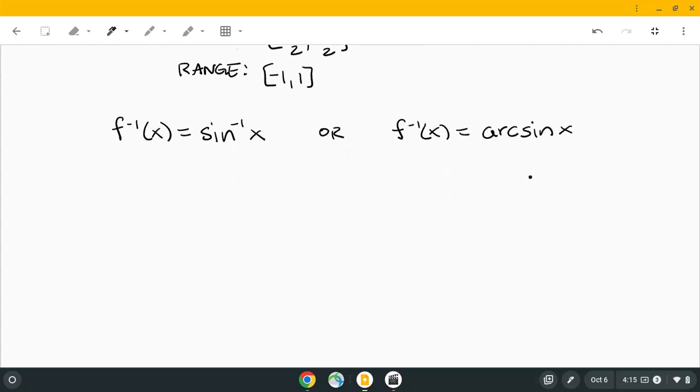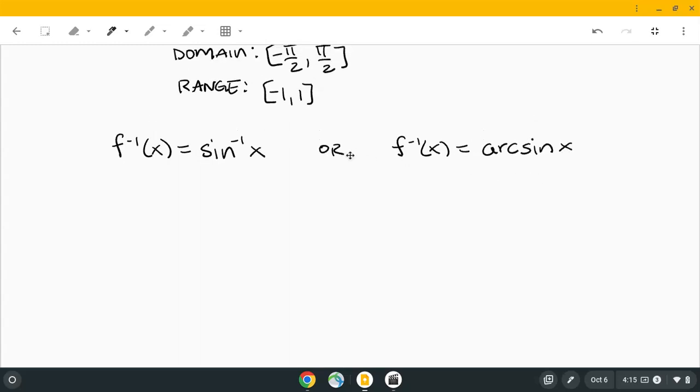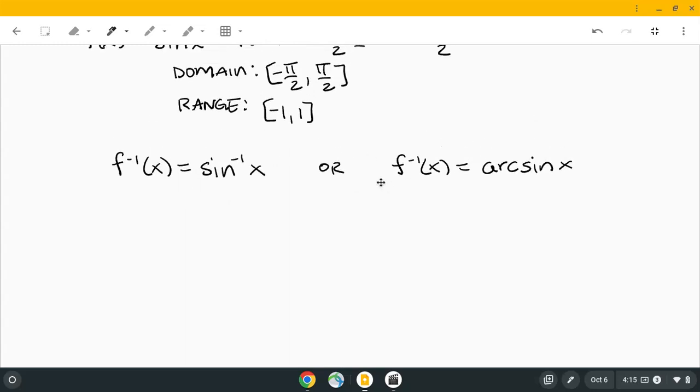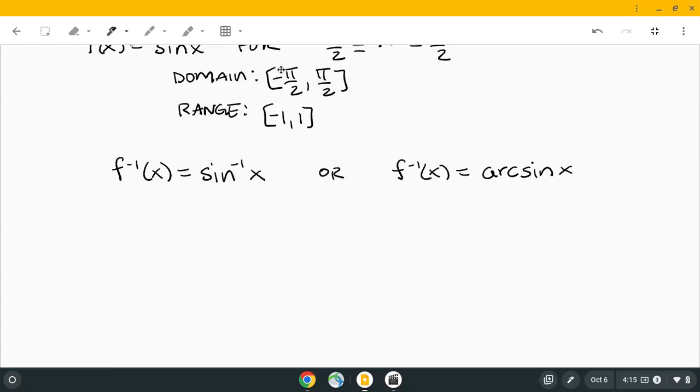Okay. So if this is the inverse, if you recall in the first video, we said that inverse functions interchange the x and y values, right? And the x values are the domain, y values are the range. So if this is the inverse trig function, then it's going to interchange these, so that now your domain is not going to be negative pi over 2 to pi over 2, but it's actually going to be negative 1 to 1.